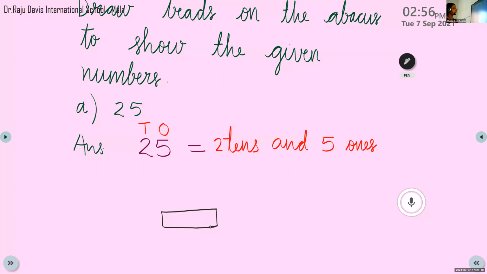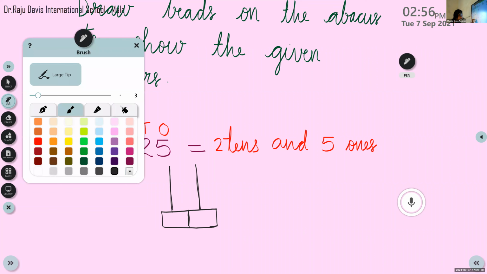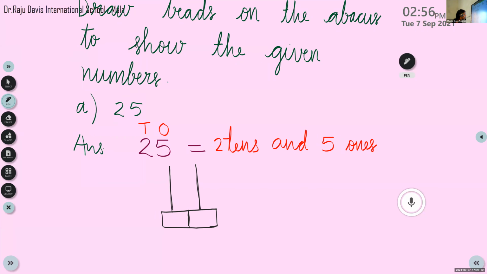We will draw one rectangle. Now we will divide this rectangle into 2. Then we will draw rods. Now we can mark the tens and ones spaces on the abacus. On the left side we can see the tens space, on the right side we can see the ones space.